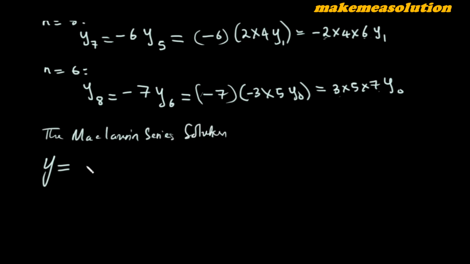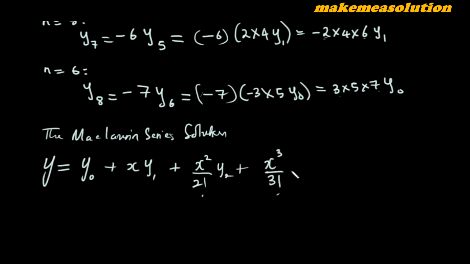If you remember, we have our y0, then plus x y1, then plus x squared over 2 factorial y2, plus x cubed over 3 factorial y3, then plus x to the 4 over 4 factorial y4, then plus x to the 5 over 5 factorial, you have y5.